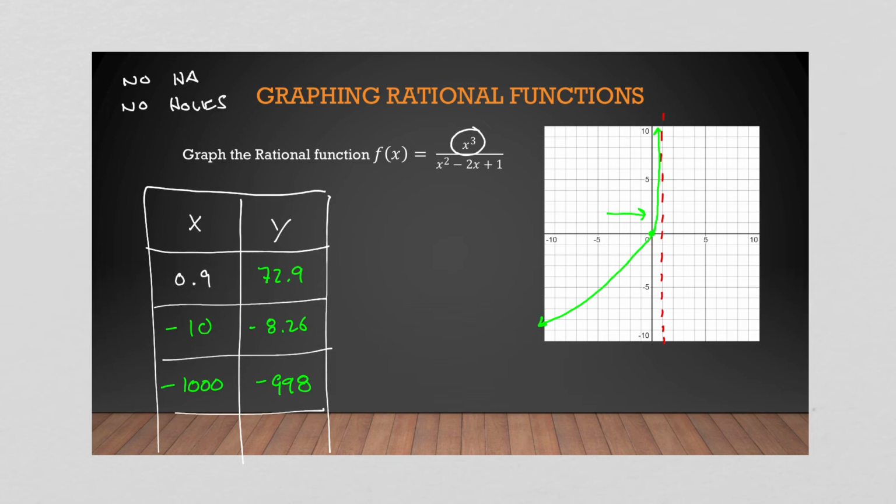But okay, what about the other half? What about the other side of my asymptote? The first number that I took directly after my asymptote, well, not directly, but close enough to directly, was 1.1. And from that, you plug that into your equation, you get a y value that spits out at 133.1.